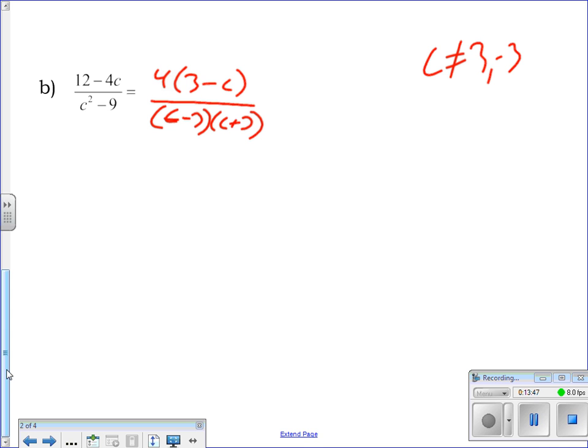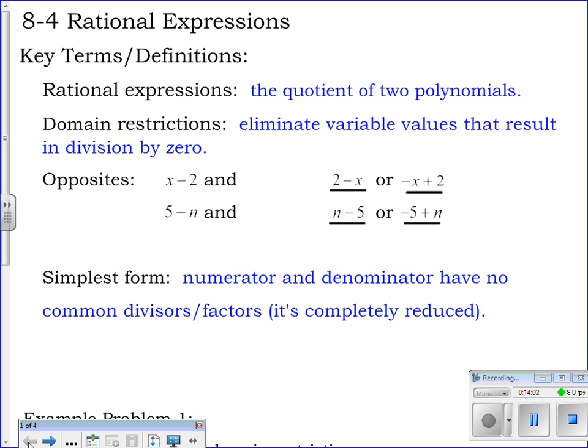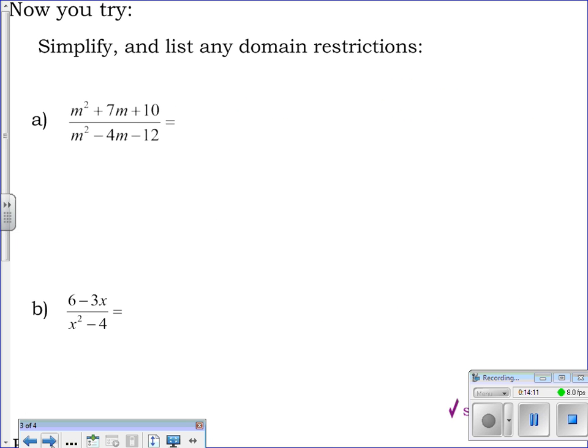I always use the factored form to decide what I have. Now, can I reduce? I can, but is it easily seen? Remember this? Opposites.